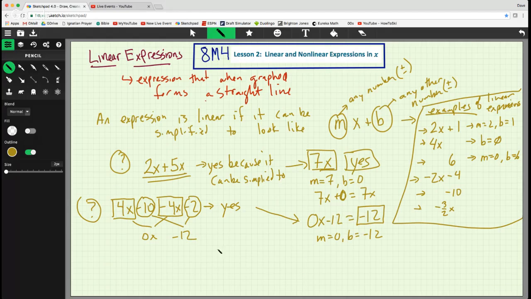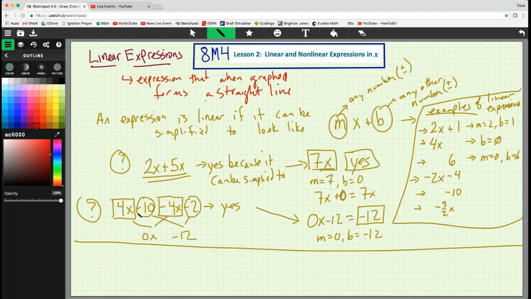Let me give you a few more examples, and you can try. Let's give some examples of things that are not linear expressions real quick, and then we'll do some samples. Okay, x squared plus 10.